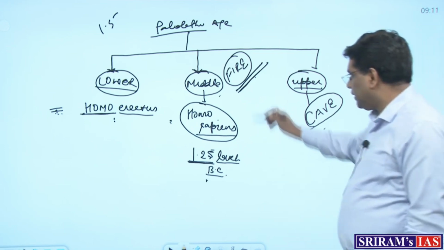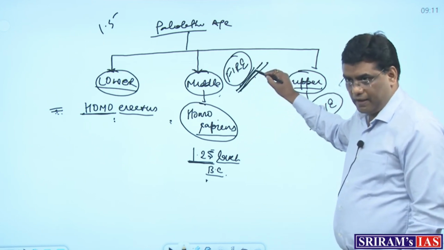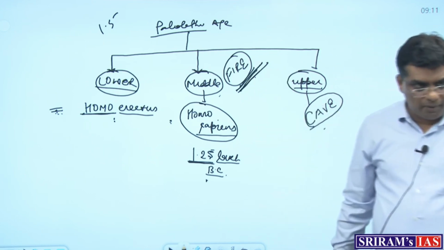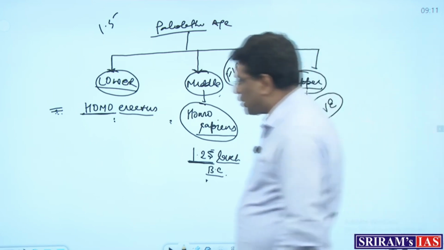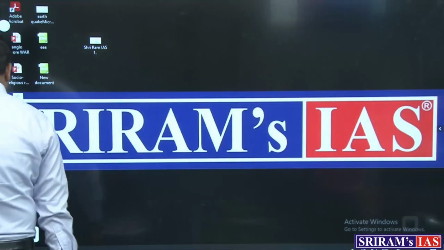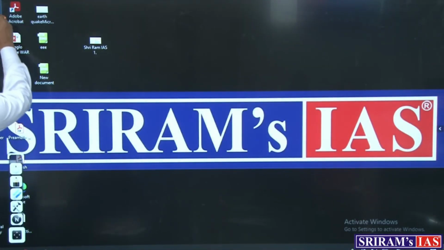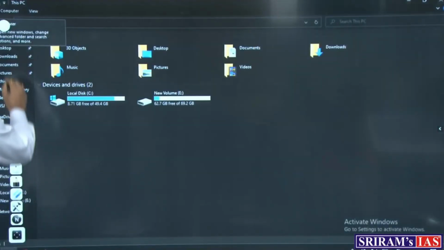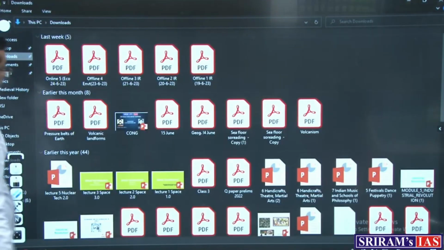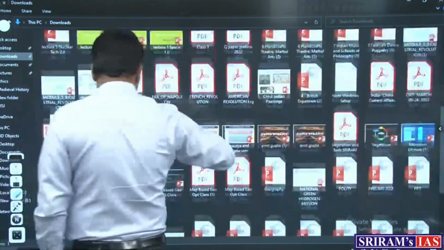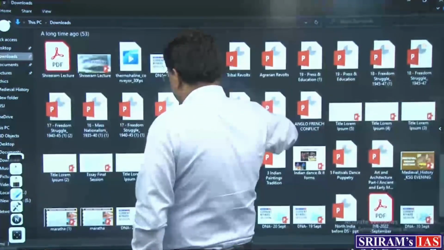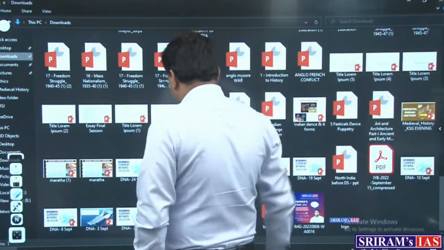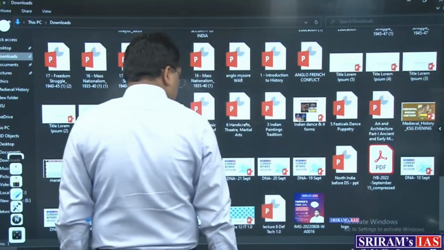So in Middle Paleolithic there is discovery of fire. In Upper Paleolithic, human started living in caves.